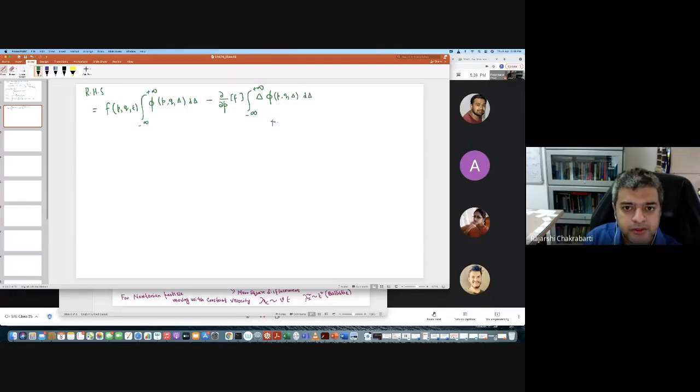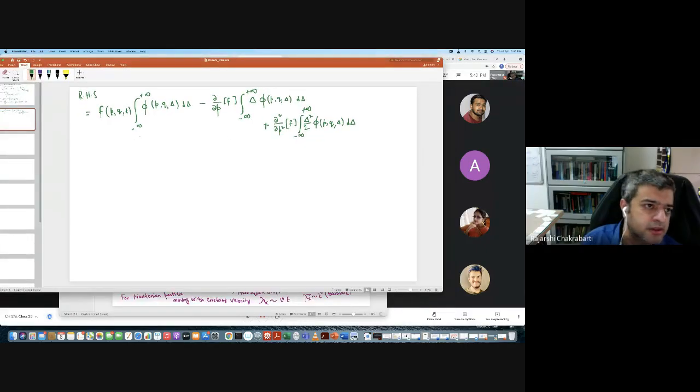Then the next term is obviously the second derivative with respect to p, and as you can guess, the first term here, the integral here is 1. It's normalized.